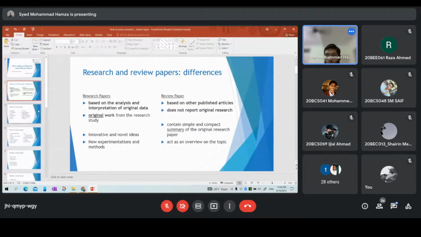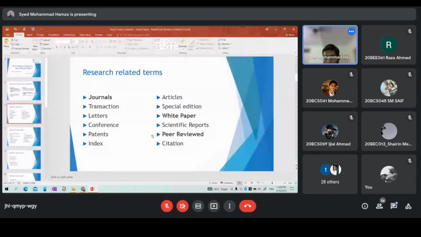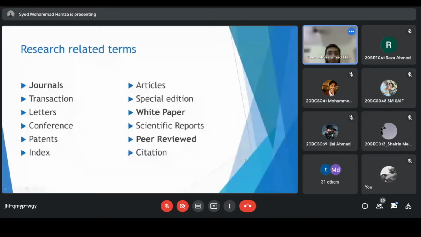Now, there are some research related terms. I don't want to go into details, but you need to have an understanding, and we will later discuss these terms through our WhatsApp group. The most important thing for today is journals. Research papers are usually published in a journal, and for today I have a white paper for you to read.